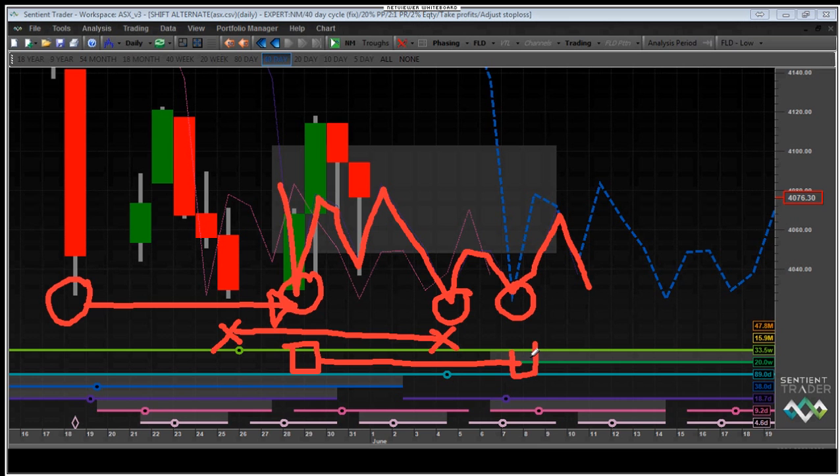Let me draw a cross there. That cross in price has projected forward to that cross in the FLD. And then I'll draw a square. That square in price has projected forward to that square in the FLD.